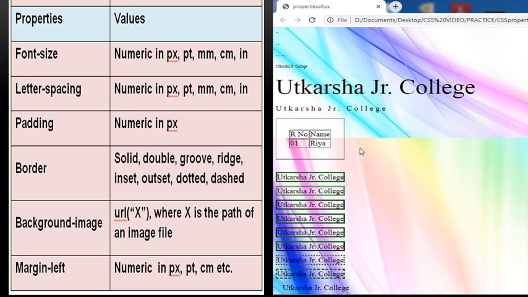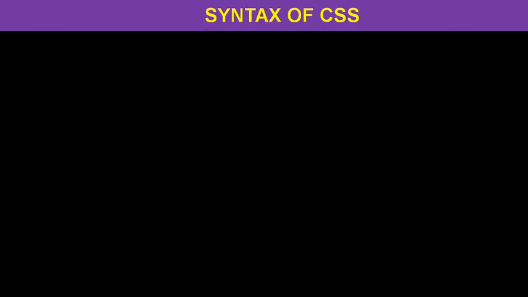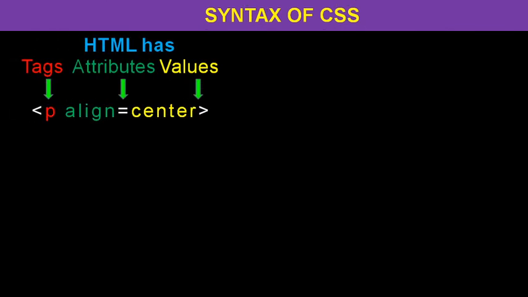Now students, let us see how to write the codes of CSS. Students, we already know how to write HTML tags. HTML tags have tag attributes and their values. We enclose the HTML tags within the angular bracket.